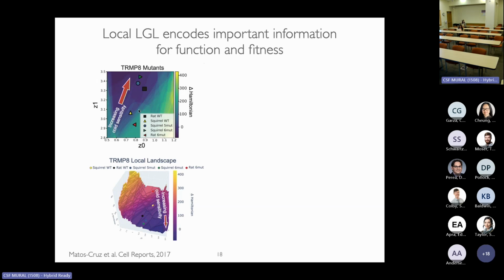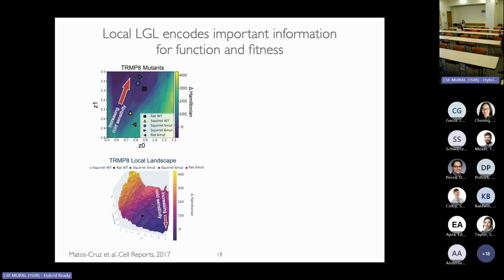And that's where you have this rat6 mutant that is not sensitive to cold. So if you see, it goes out of the well and starts going into a barrier region in the landscape. Same thing with the wild type of the squirrel. If you see it here in 3D, it's not really down here in the well. It's outside, it's up there. And that's why this protein is not that sensitive, right?